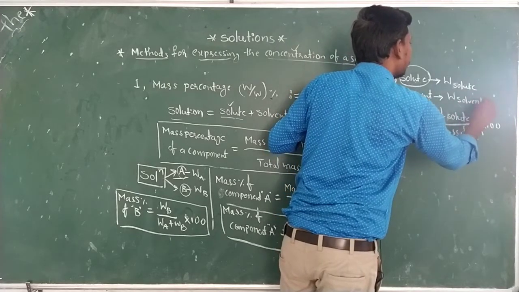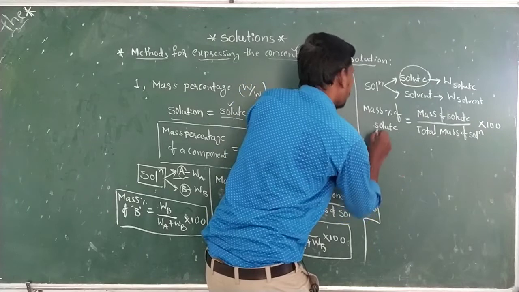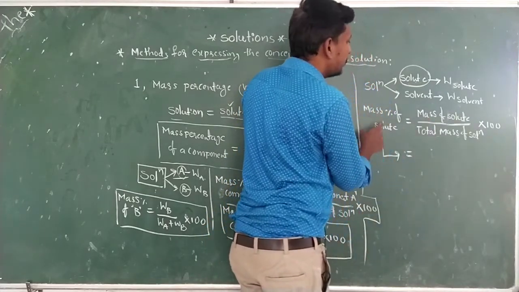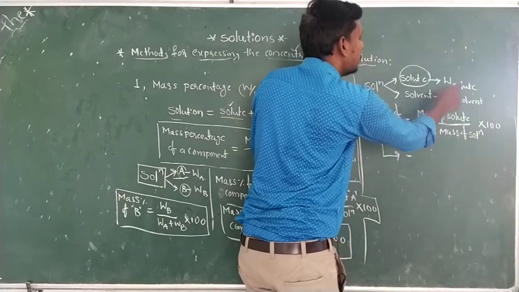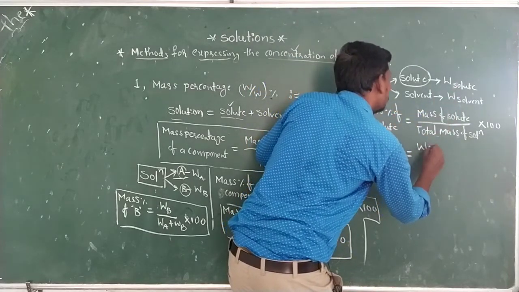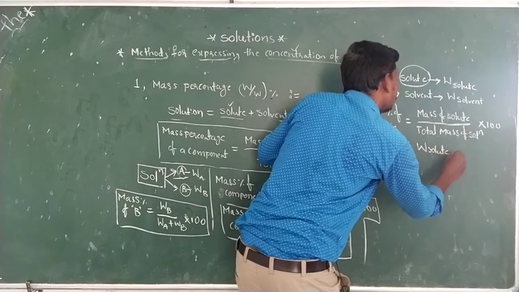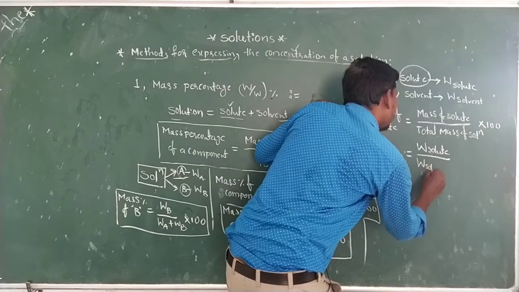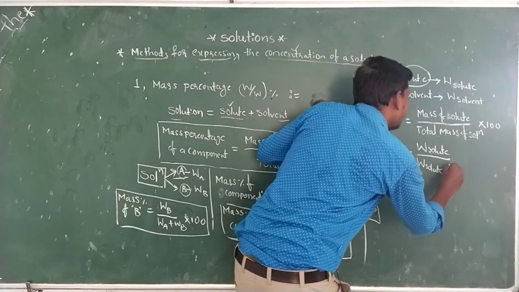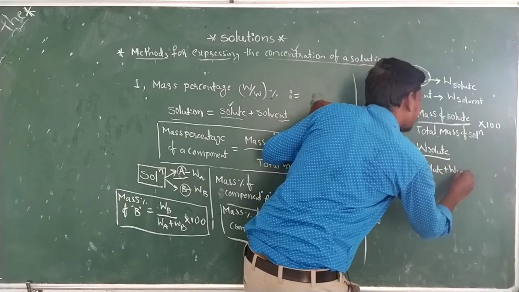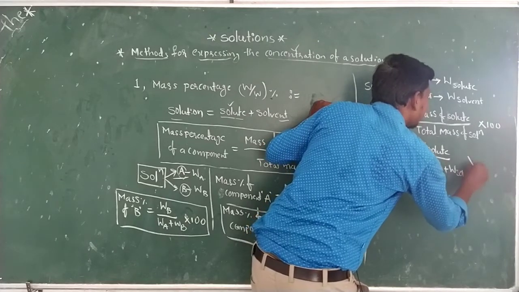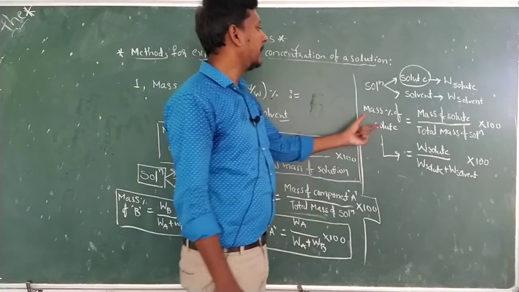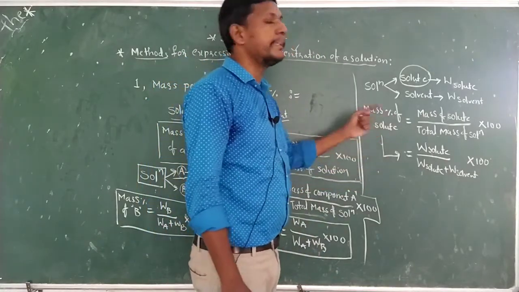Then this equation is also written as: mass percentage of the solute is equal to W solute by W solute plus W solvent into 100. In this manner we can calculate the mass percentage of the solute.